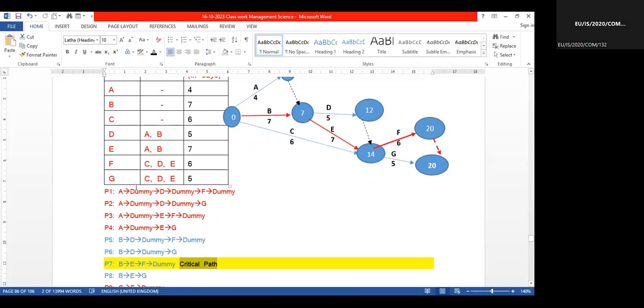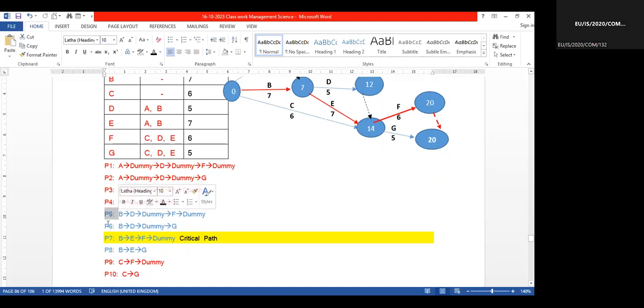Now, tomorrow my class is at 10:30 according to the timetable. When you come to the next class, you have to look into the durations. For path 1, how many days? Path 2, how many days? Path 3, path 4, path 5, how many days? Path 6 also you have to find.